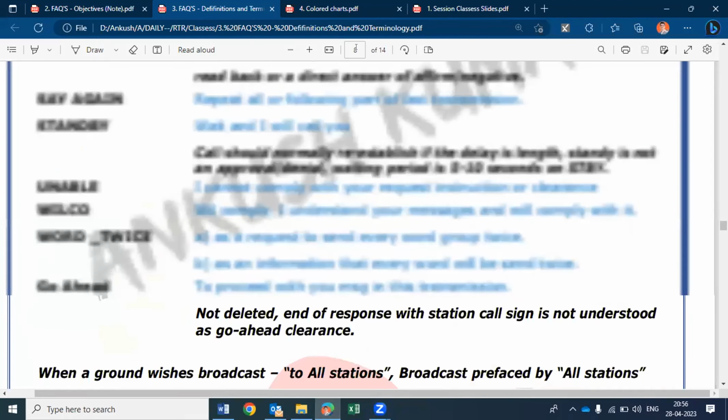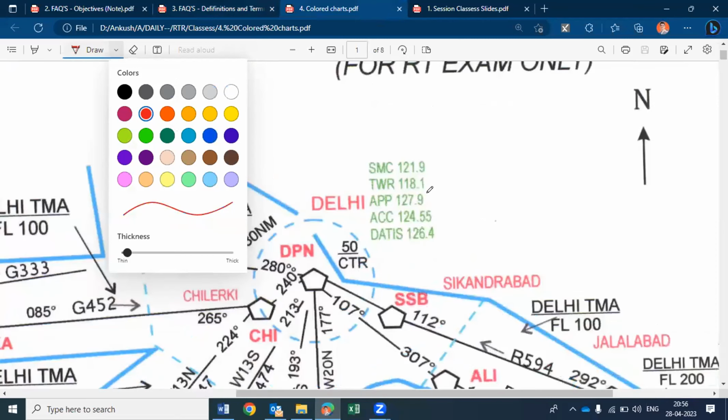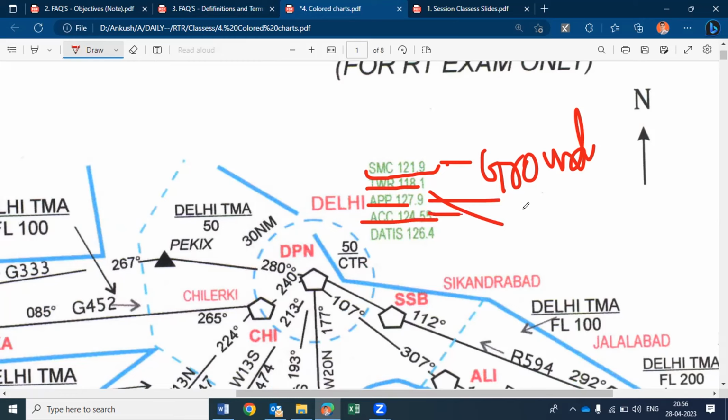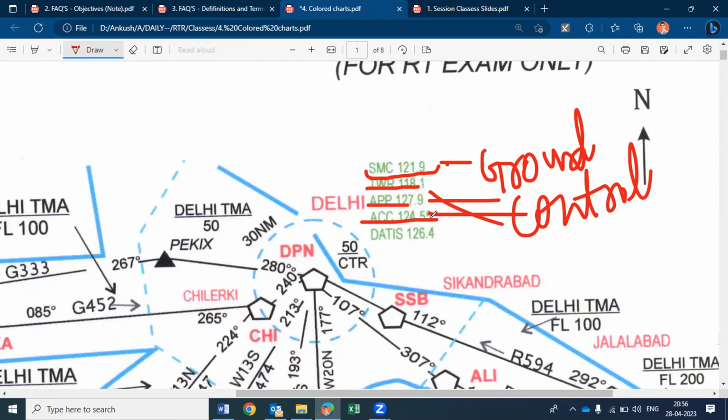If you look at the charts, you can see what ATC offices are available. SMC, Surface Movement Control. In short, you can call it ground. Am I clear? Then tower, then approach. This is control, area control center, or in short, this can be called control.